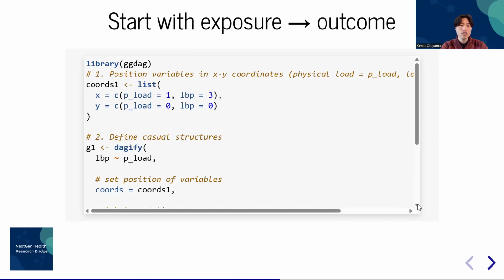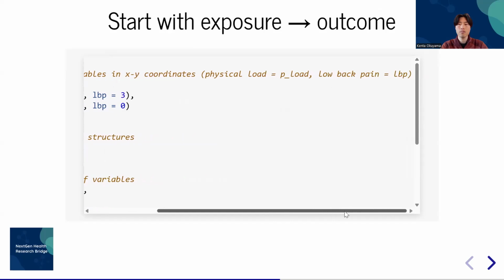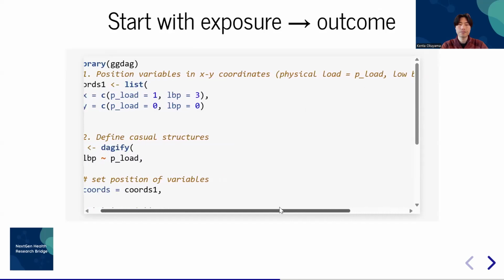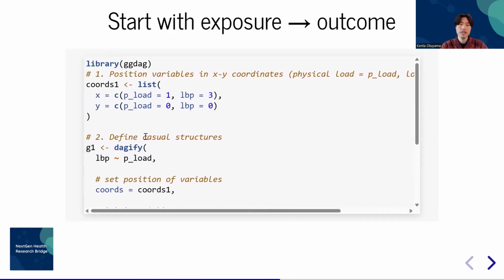First step is to position your variables at XY coordinates. So we have physical load at work as P load and low back pain as LBP. And we will place them at reasonable positions in terms of XY coordinates.